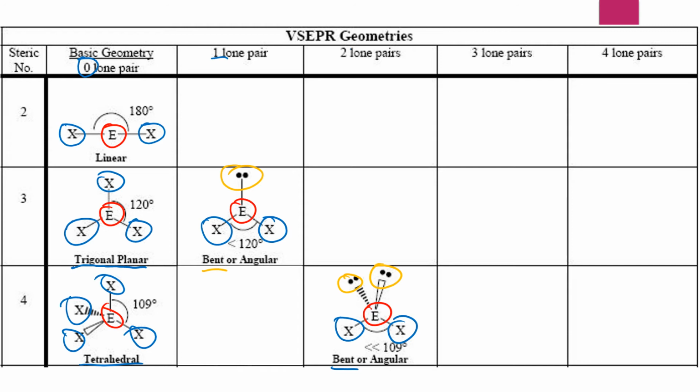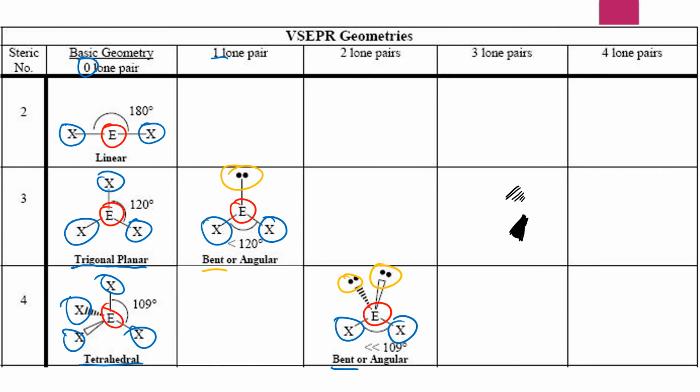Let's look at what the wedges and dashes mean. This is to represent 3D structures in a 2D sense. So the wedge, and I'm coloring in the wedge, looks like a colored in triangle.